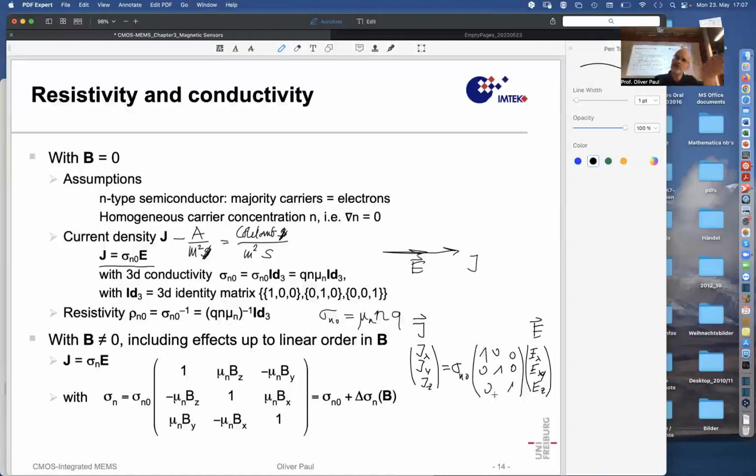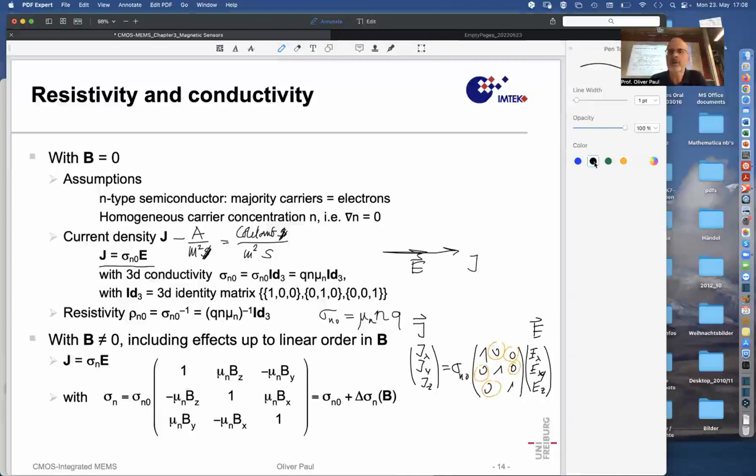But as soon as we switch on B a little bit, and not too strongly, so that mu n times B is still smaller than 1, then we can simply change these off-diagonal terms. What is 0 here becomes non-zero, and this is shown down here.